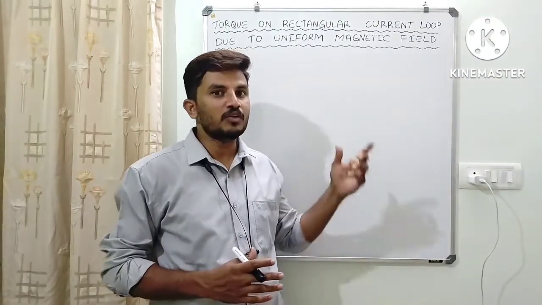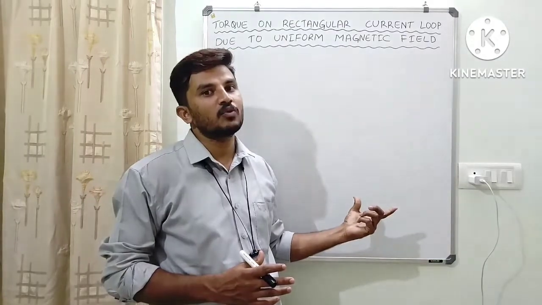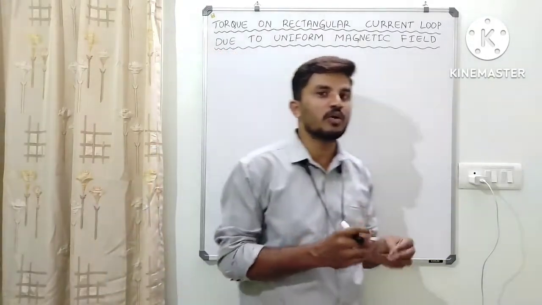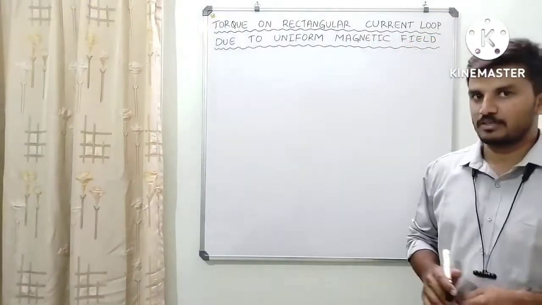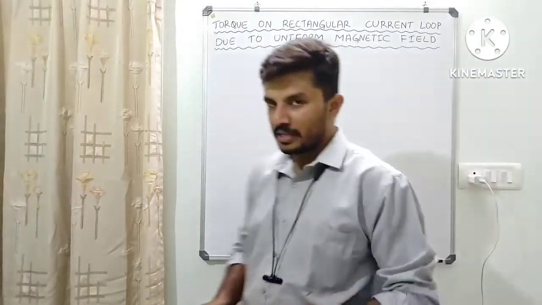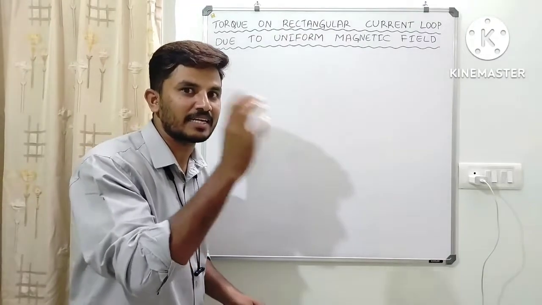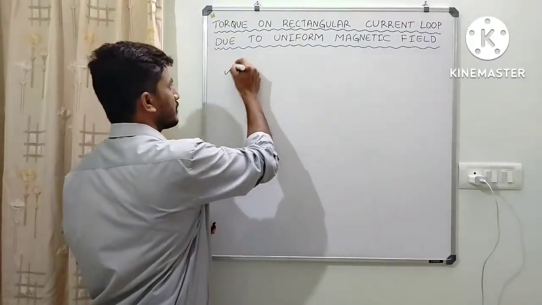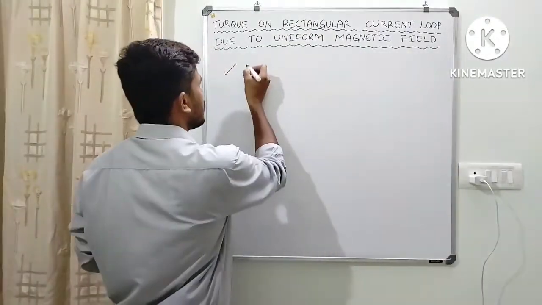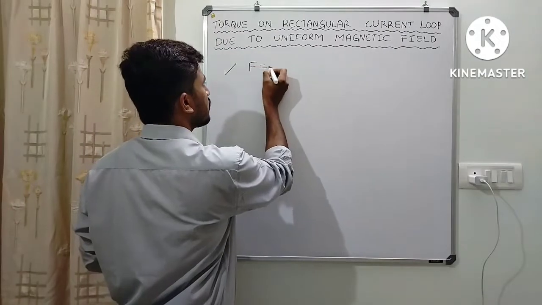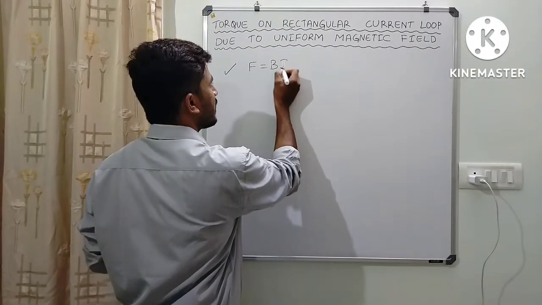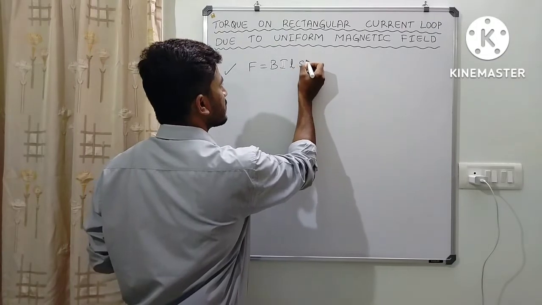Mathematically, if we want to find the torque acting on the current loop, we need to understand a few basic things. First of all, the expression for force acting on a current carrying conductor: F = BIL sin theta.